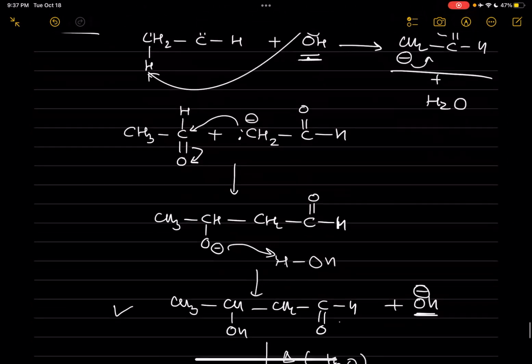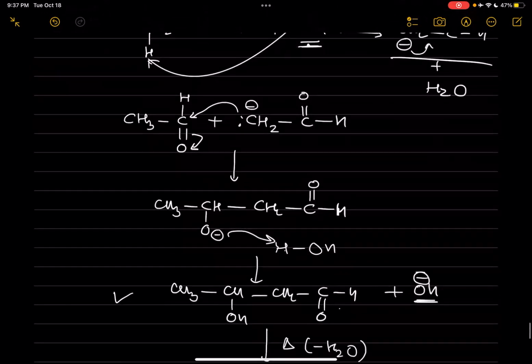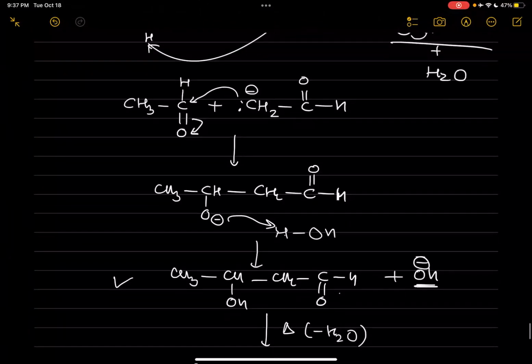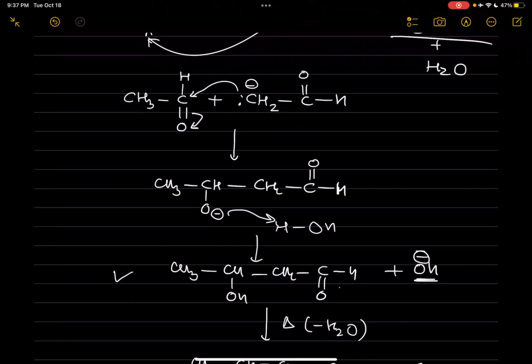Now the HO minus will accept H plus from the water to regenerate the base. So the base is not consumed, it has just helped the reaction to happen. That's why it is called base catalyzed. And you got a beta hydroxy aldehyde or ketone.